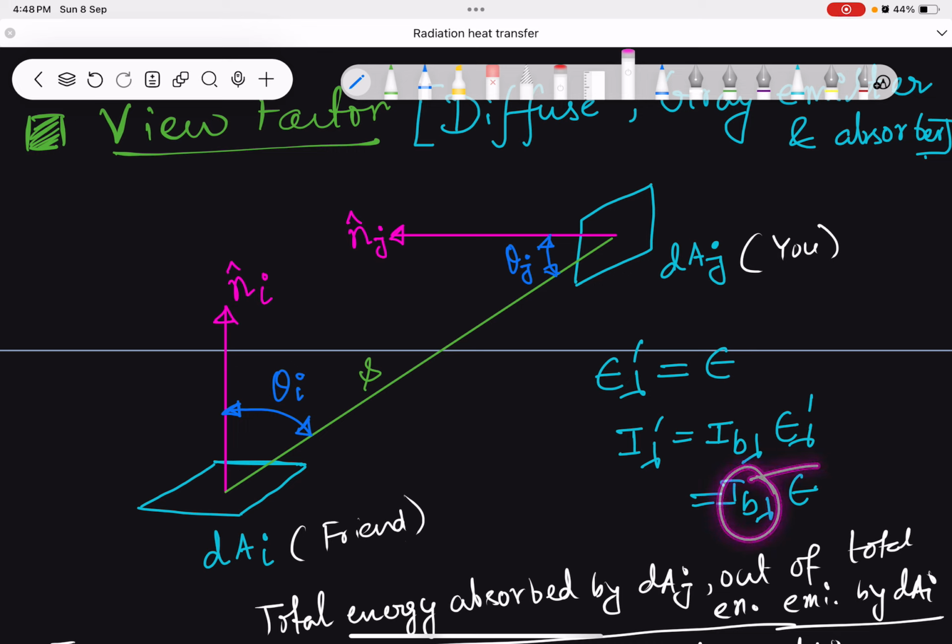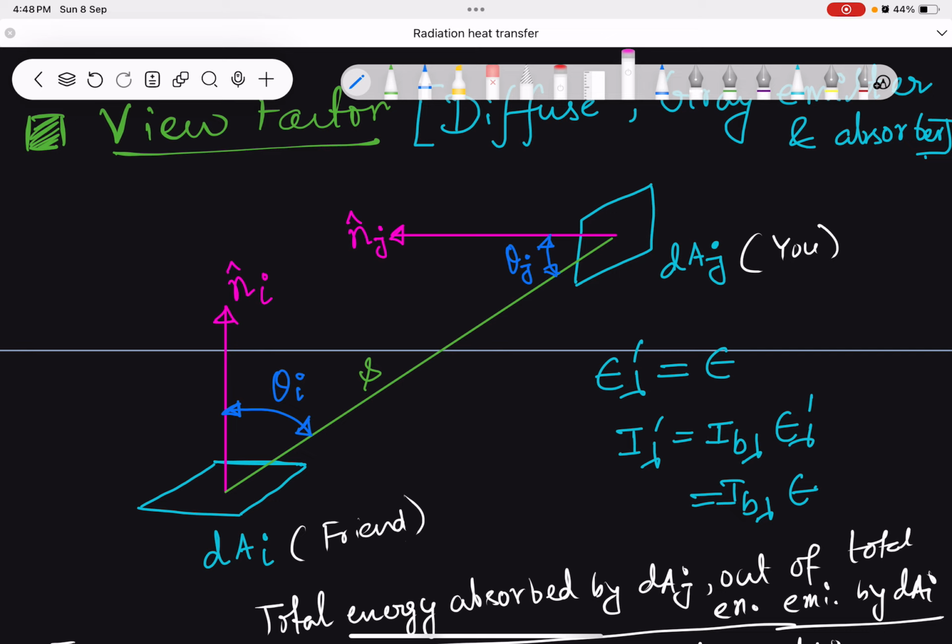So diffuse surface does not mean it will be a diffuse emitter. Sorry, I am extremely sorry. Gray surface does not mean it will be a gray emitter.